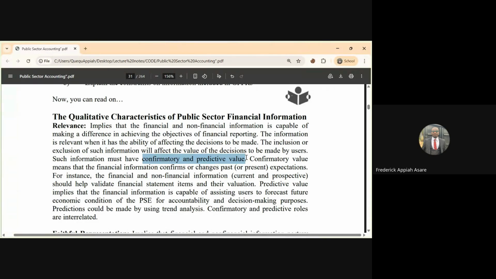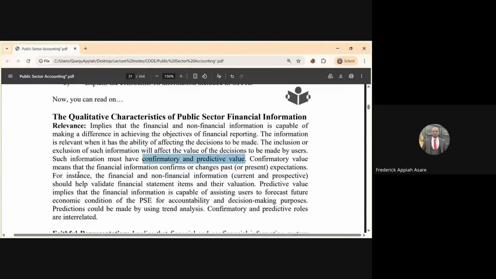That makes it relevant. Confirmatory value means that the financial information confirms or changes past or present expectations. So it will confirm to us the statement that we got previously.